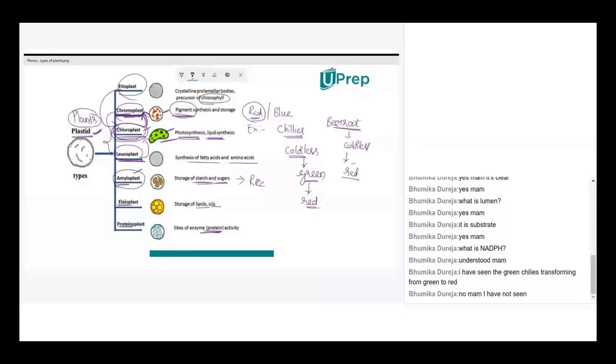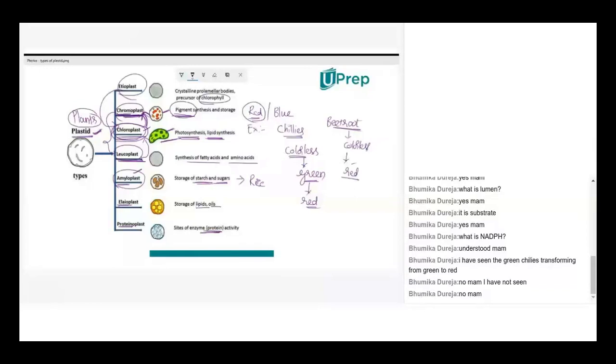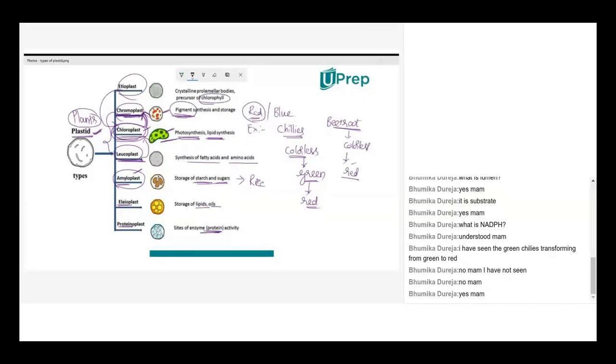The other best example is, have you seen colocasia? Same kind of transformation. I'm trying to cite some other examples. Chilies, you got it, no? So usually they will be light greenish color, then dark green, then red, isn't it? So all that is related to transformation of plastids.